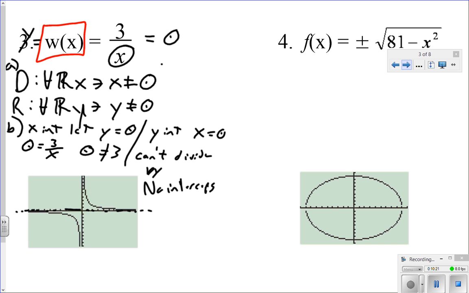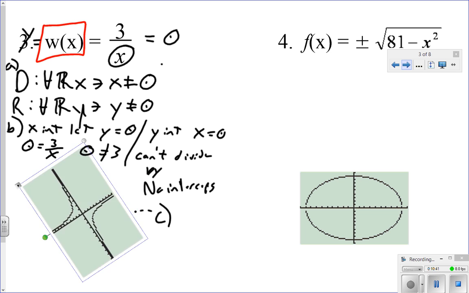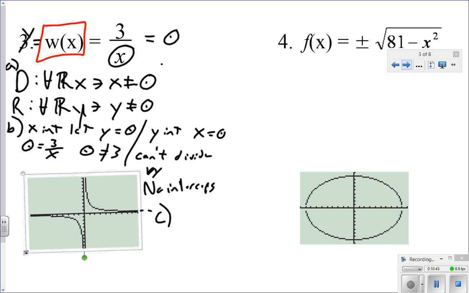Okay. Third piece, symmetry. If I look at this graph here, I don't have any x or y symmetry. I can't reflect it across the x-axis. I can't reflect it across the y-axis. But note that if I do rotate this 180 degrees, it is the same graph.